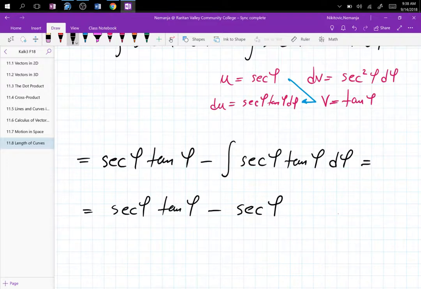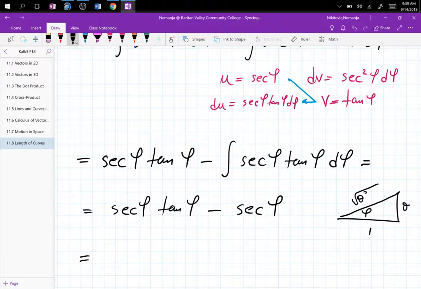So now we have to convert this back into thetas, which is easy because we have a triangle. If you remember, our triangle looked like this. This was theta, this was 1, and this was the square root of theta squared plus 1. See, you don't have that triangle if you're memorizing formulas. So going back from phi into your original variable is a living nightmare.